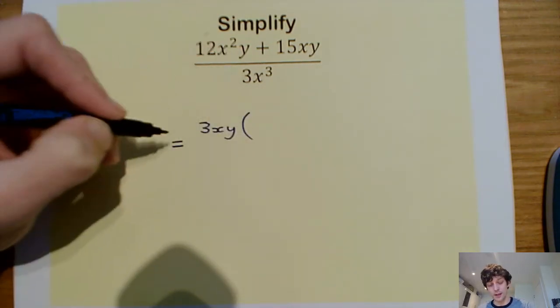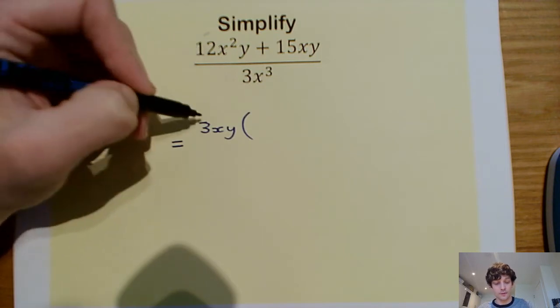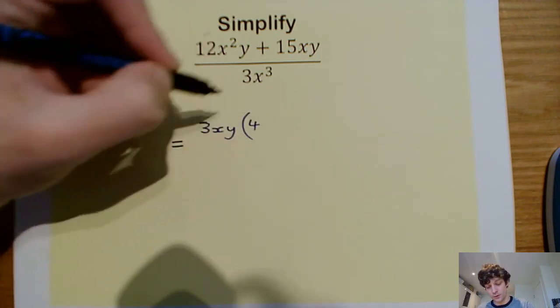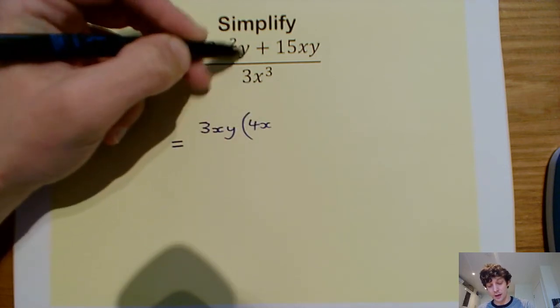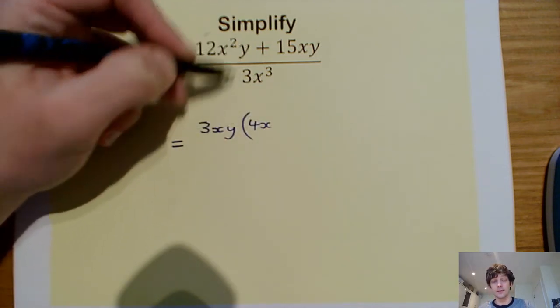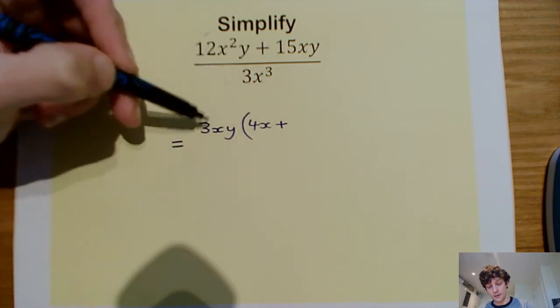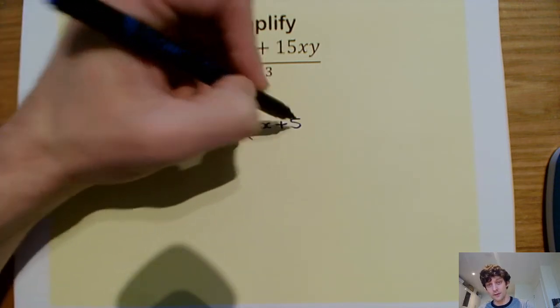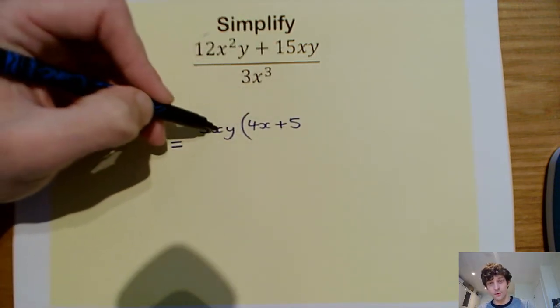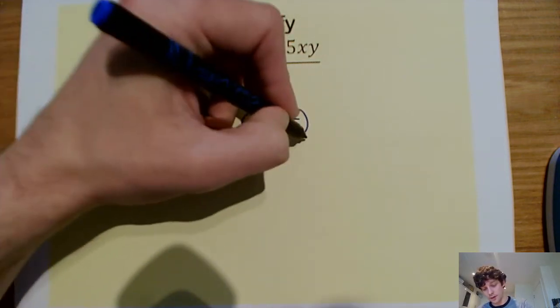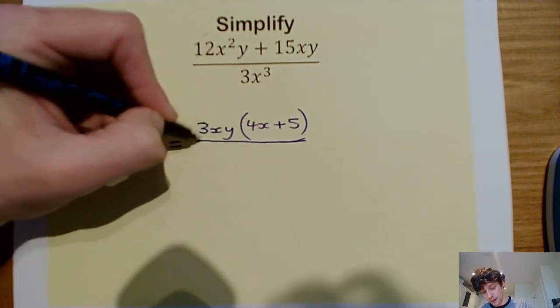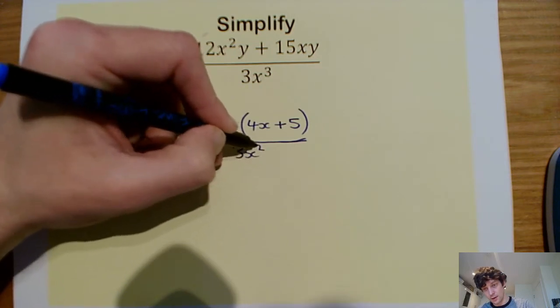And now putting into brackets, 3 times 4 is 12, x times x is x squared. I've already got a y, I don't need to add another one in there. 3 times 5 gives me that 15. I've already got my x and y, so I don't need any of the letter terms in there. And we're dividing that by 3x squared.